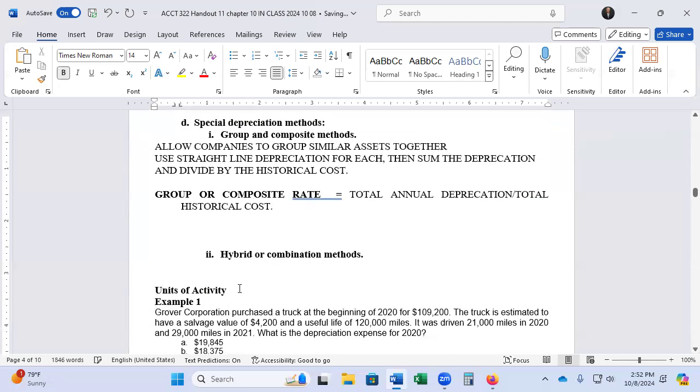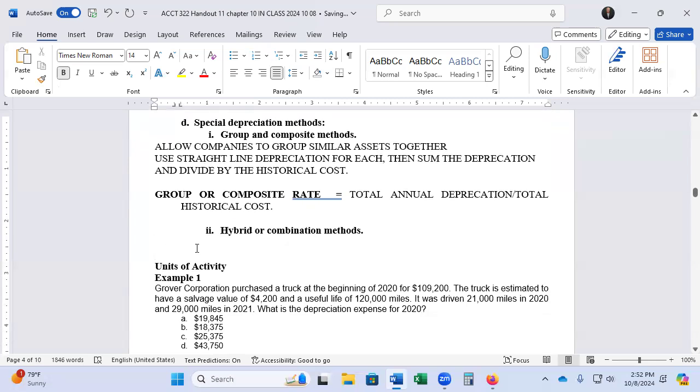And then you have hybrids or combination methods. GAAP allows companies to develop their own depreciation methods.